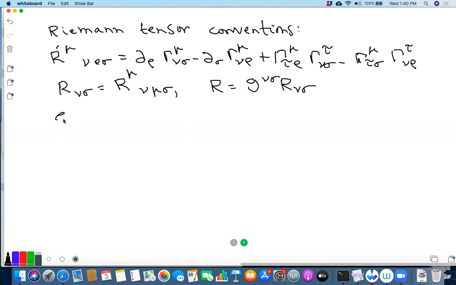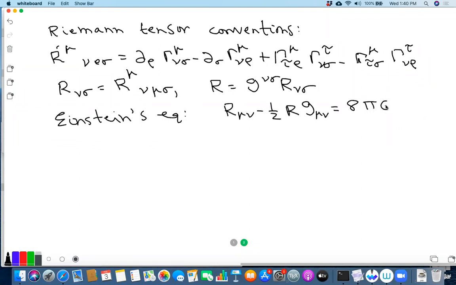And in this convention, the Einstein equation takes the form R mu nu minus half R g mu nu is equal to 8 pi G T mu nu. So this will be the convention that we will be following.